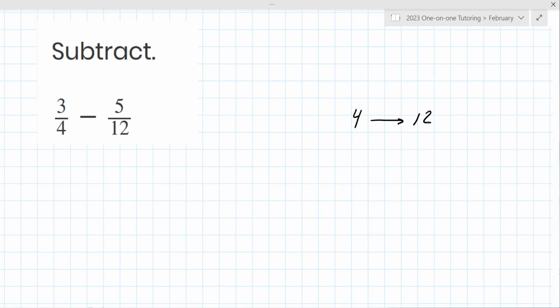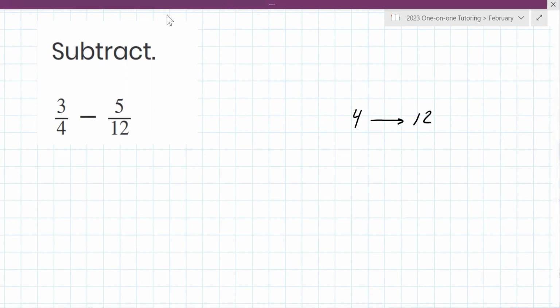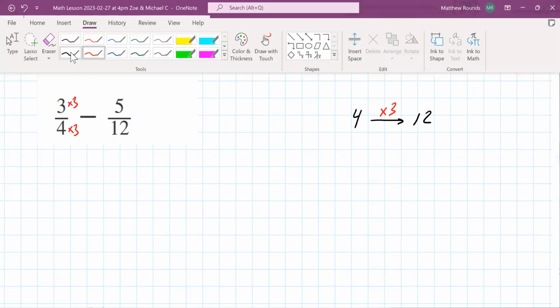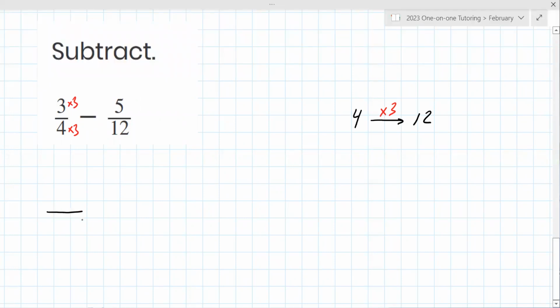We can. What do you multiply by? Times 3. Okay. So you multiply the top and bottom by 3. So what does the fraction on the left become? It becomes 9 over 12. Good. Minus 5 over 12.